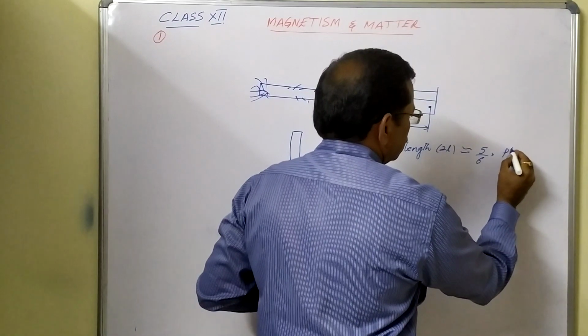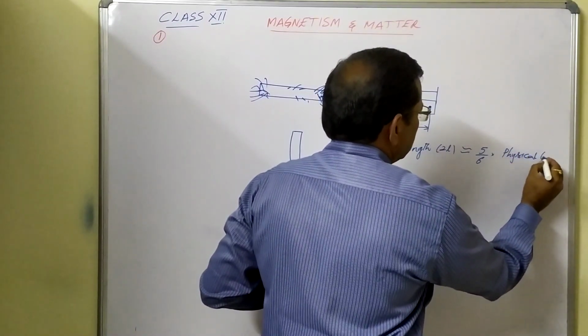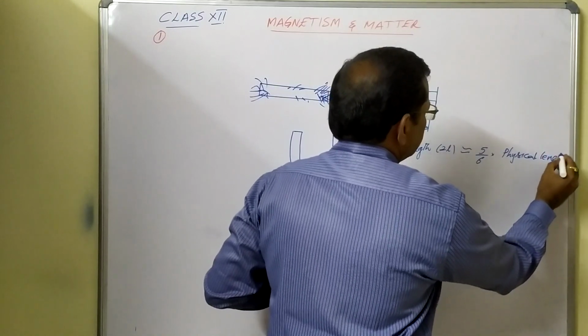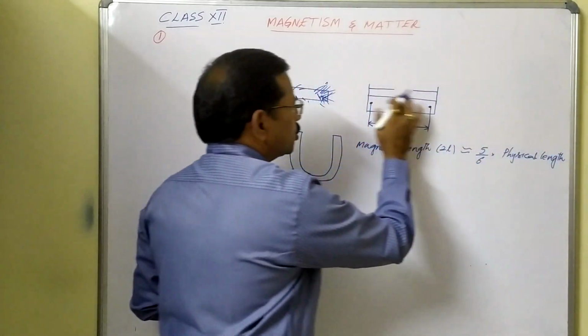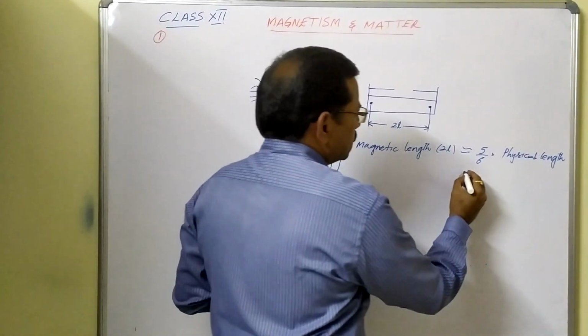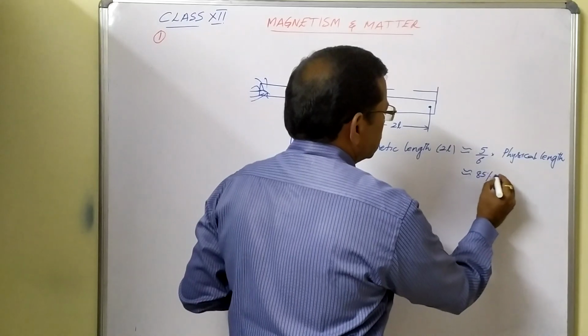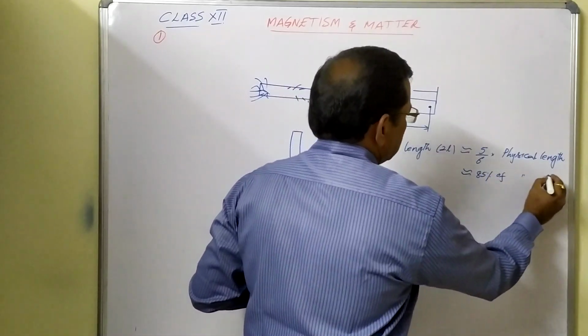The physical length is the distance between these two faces of the bar magnet. The magnetic length is approximately 85% of the physical length.